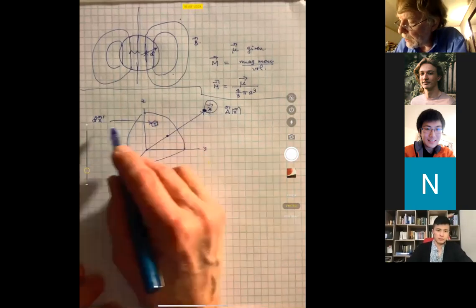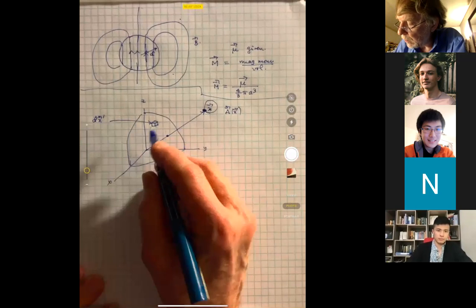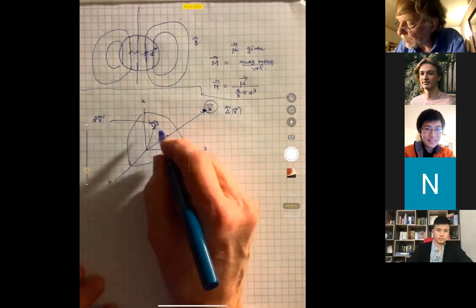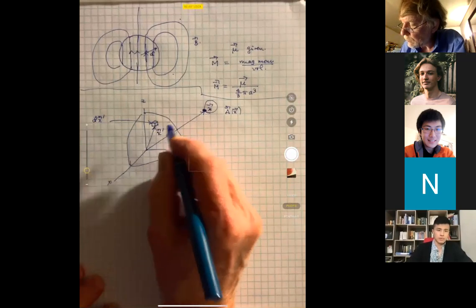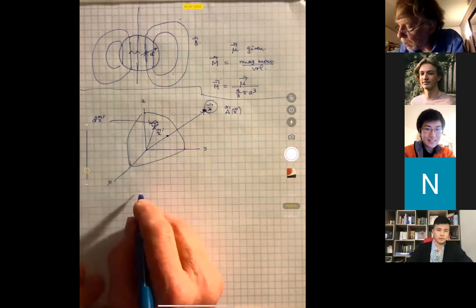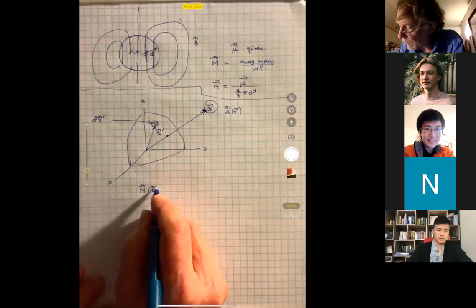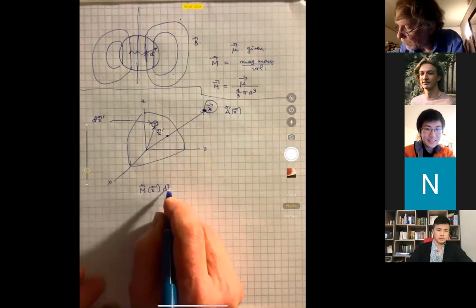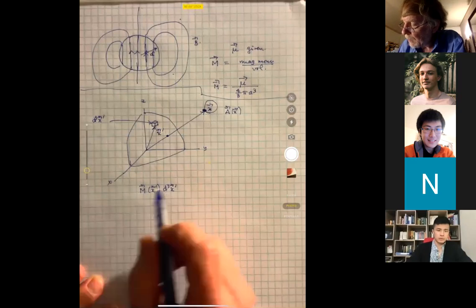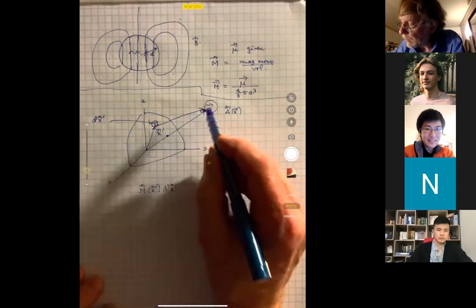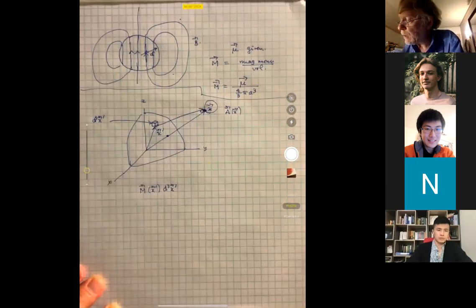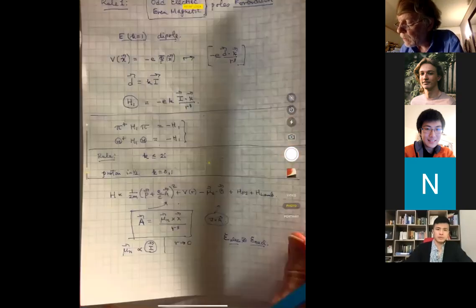This volume element, which is at location x prime, has a magnetic moment, which is the magnetization, magnetic moment per unit volume, multiplied times d cubed x prime. And this gives a contribution to the vector potential at the field point, which is really just a version of our formula.